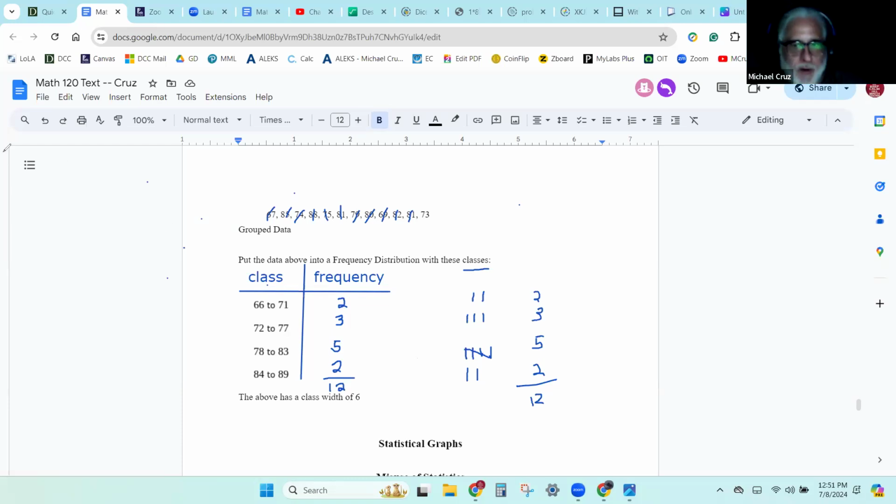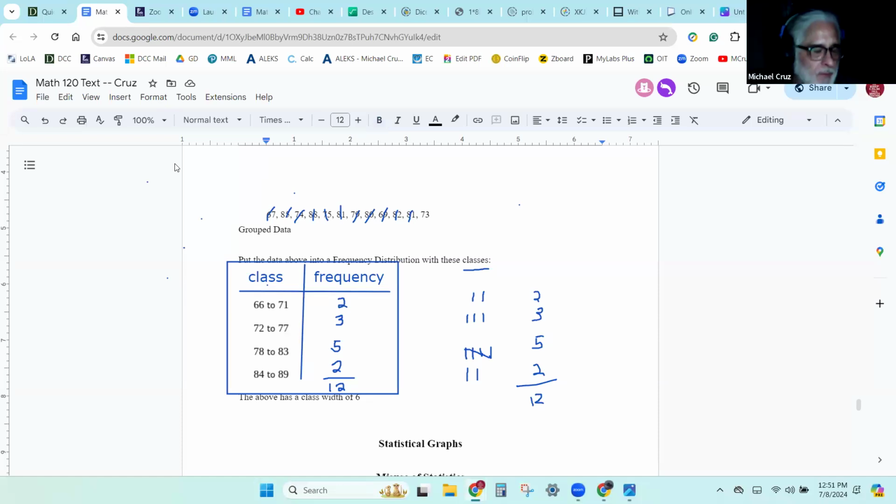So there's our frequency distribution. Very important tool in statistics. If we have that information, then we know quite a bit about the data, rather than if you just got a bunch of pieces of data.